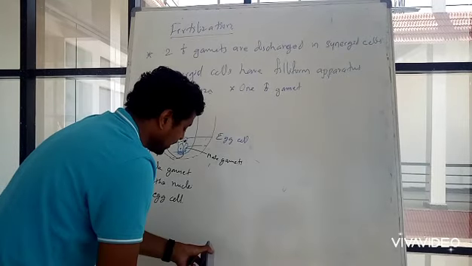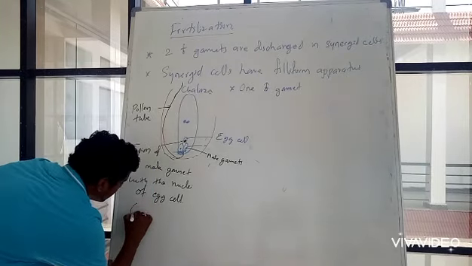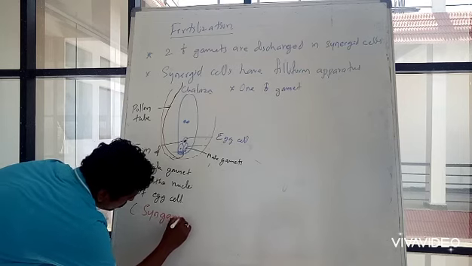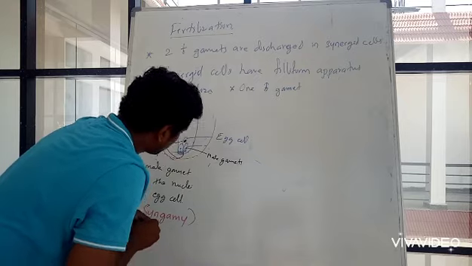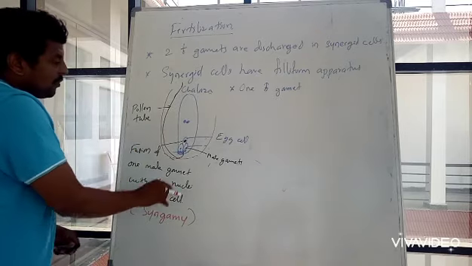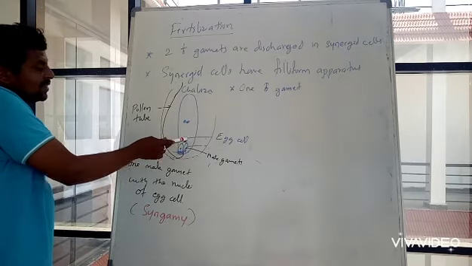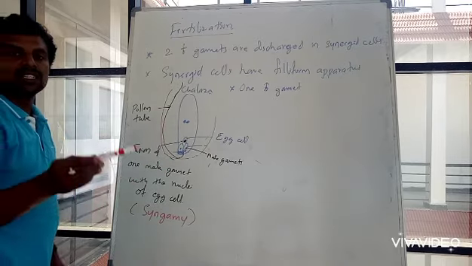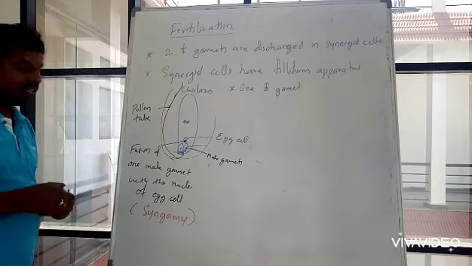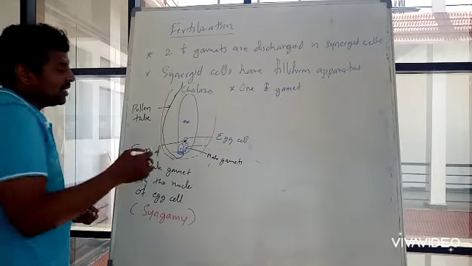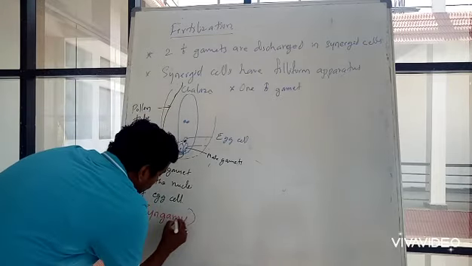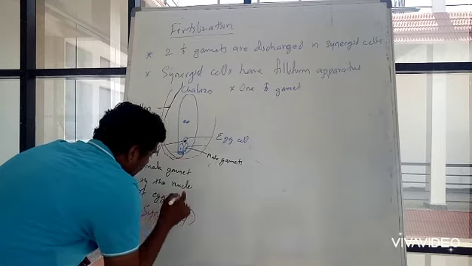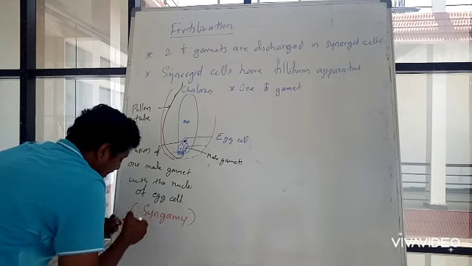This process means the fusion of the male gamete with the nucleus of the egg cell. So it is known as syngamy. Here after syngamy the egg cell becomes diploid, or we can call it a zygote.